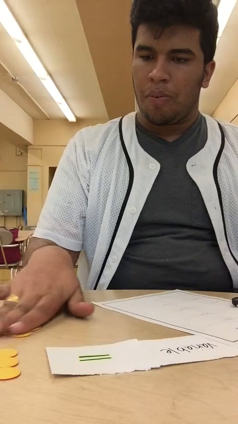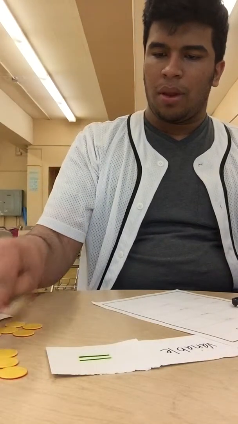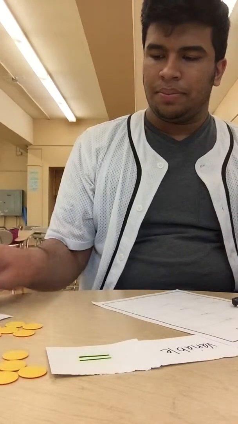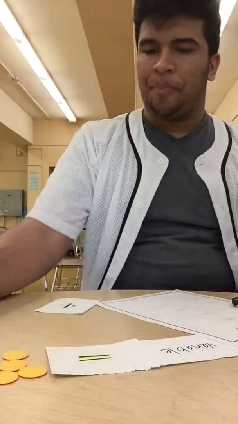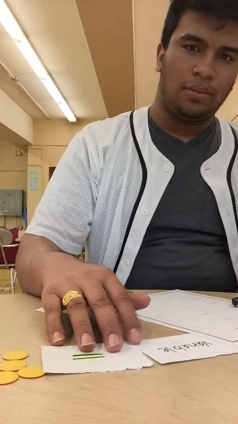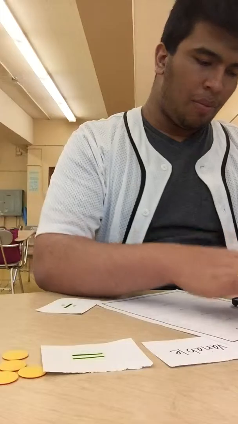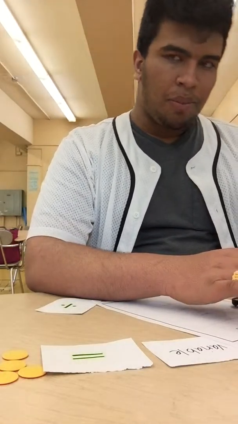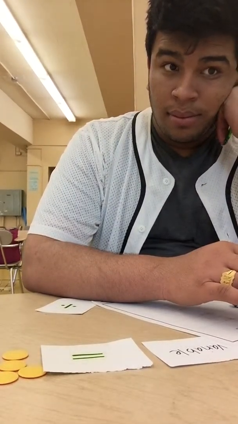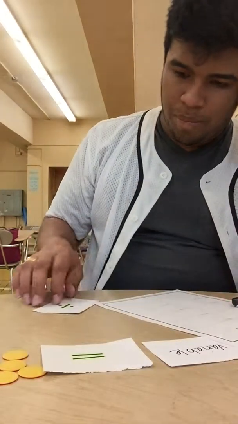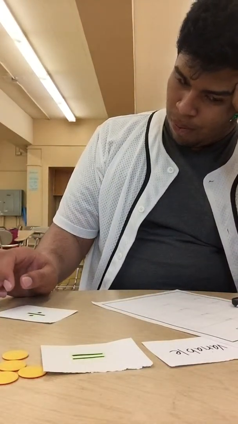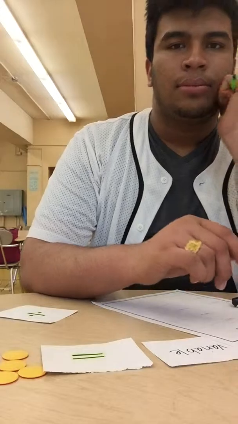What's your y? -1.5. -5, -1.5. That's what I mean by coordinates. Every coordinate has an x value and a y value. Okay? So where's -5 on the x line? Okay, good. Where's -1.5 on the y?